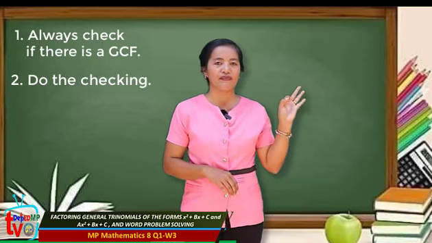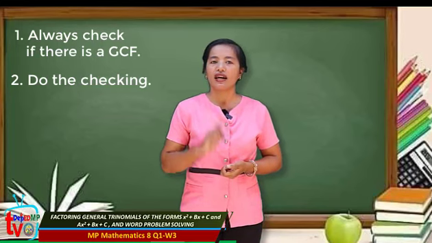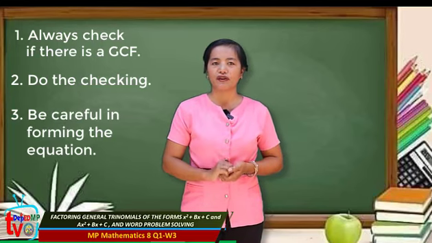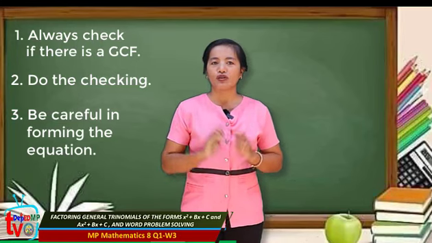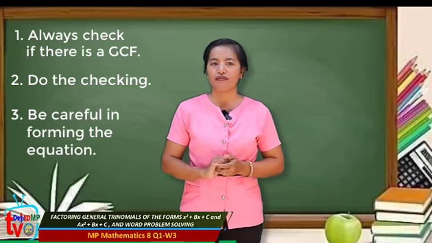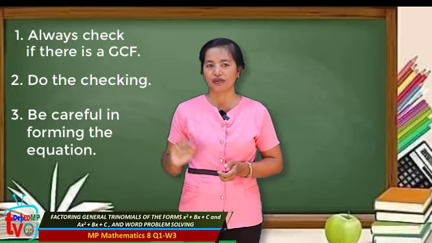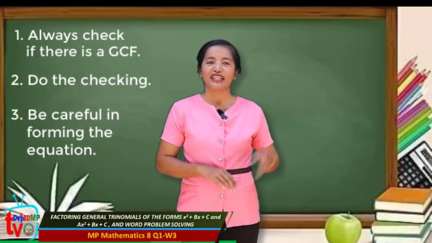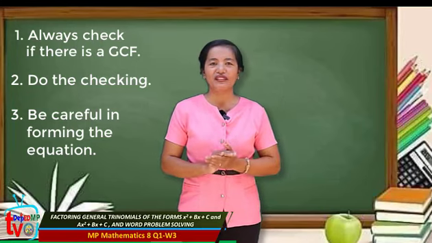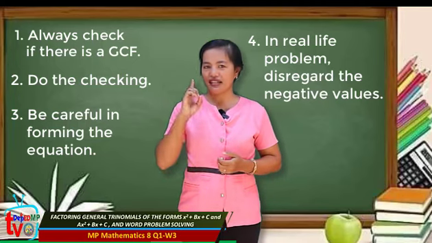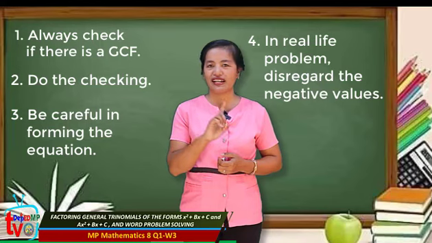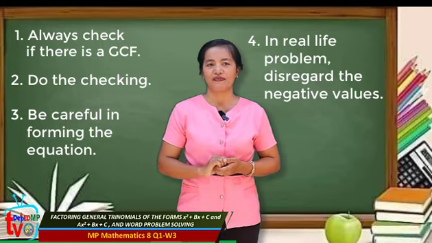Number 3, in solving word problems, be very careful in forming the equation. This is very important because once the equation is wrong, everything will be wrong. And in number 4, in solving real-life problems, disregard the negative values. Remember, there is no negative measure.